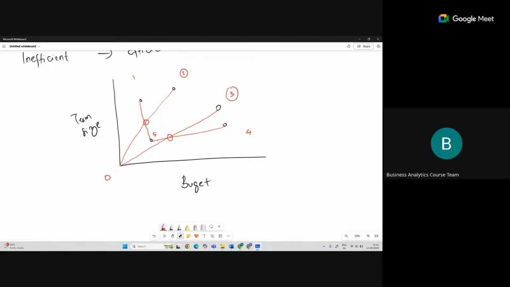You join this 3 with the origin, and it is going to meet the production efficiency frontier at a particular point. This point is between 5 and 4. So this 3 has to pass through this line in order to meet the origin. Similarly, the 2 has to pass through this line for intersecting with the origin. So these 2 will be the reference units for DMU2, and these 2 will be the reference units for DMU3, and so on.